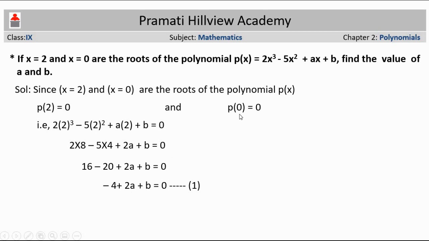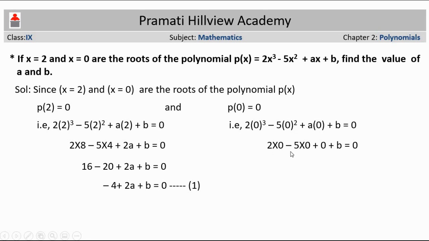Now moving on to the next. P of 0 is equal to 0. That is 2 into 0 cube minus 5 into 0 square plus a into 0 plus b is equal to 0. 0 cube is 0, 0 square is also 0.